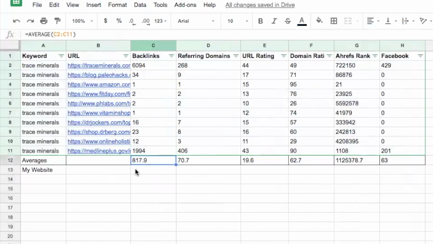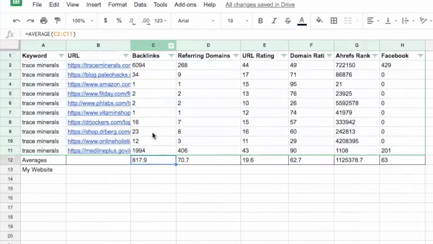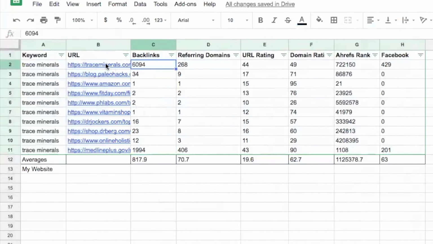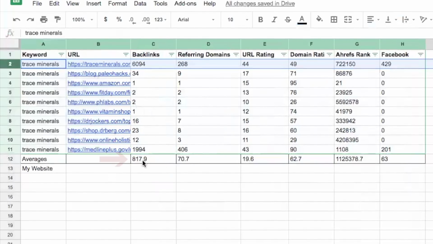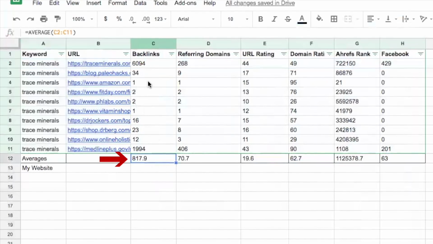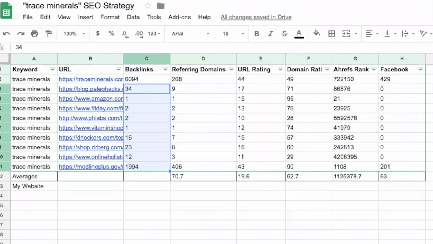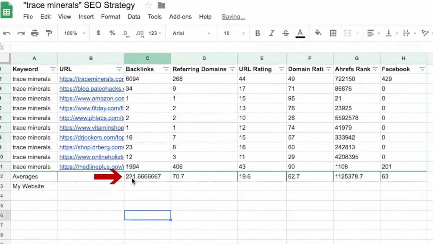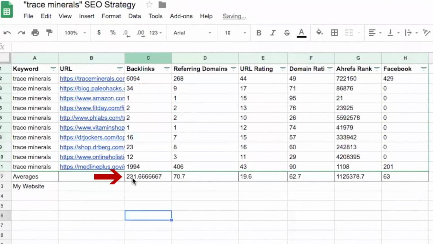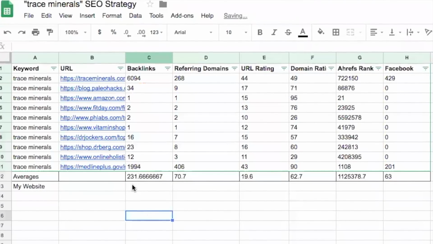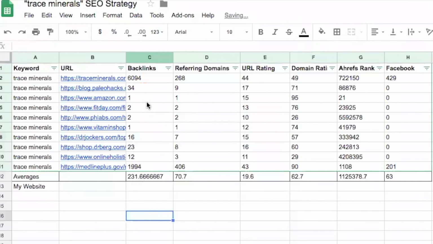And so the problem with looking at this from an average standpoint is that clearly the first result is overpowering this number. And so if we disregarded this guy, it would probably look a lot different as far as the average backlink total. So we're looking at about 231 backlinks, and that's much different than what it was previously, but still, this can definitely distort it.